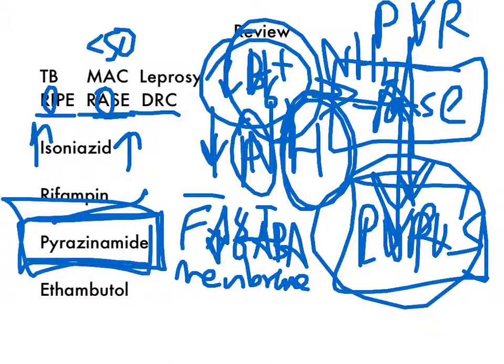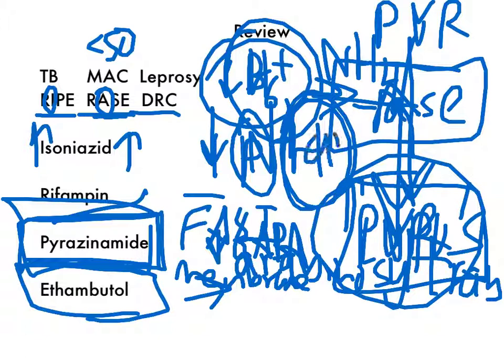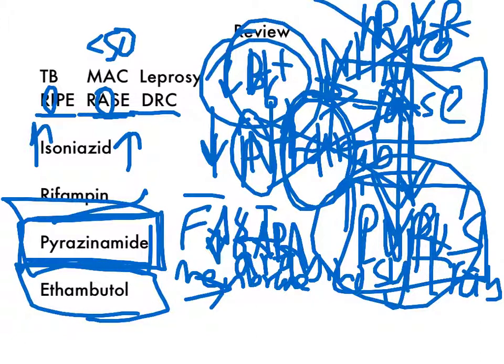And the final one that we're going to talk about is ethambutol. And remember, this works by blocking arabinoacyltransferase. And this is what makes arabinogalactans. And remember, the mycolic acid is what attaches to that. So if you don't have the arabinogalactans, you don't have the mycolic acids, and you don't have a cell wall. And the biggest toxicity to remember with this is that it causes optic neuropathy or red-green color blindness, okay?